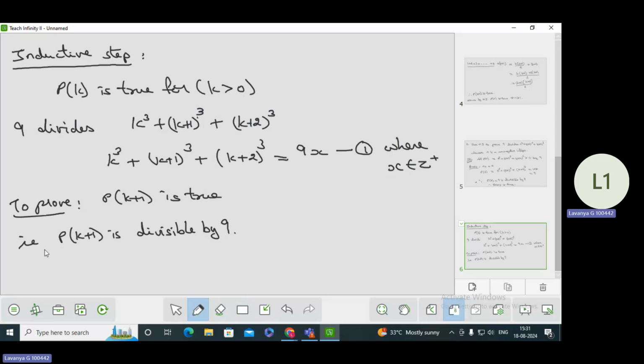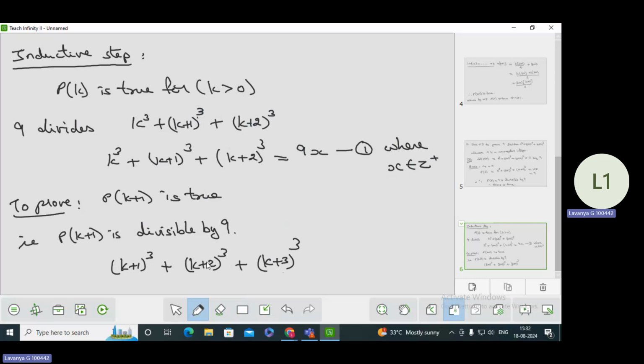How do I show this? Now, in the place of k, I have to replace k plus 1. Consider this. This would be (k plus 1) the whole cube, then k plus 1 plus 1, then it will be (k plus 2) the whole cube, plus it will be k plus 2 plus 1, (k plus 3) the whole cube.